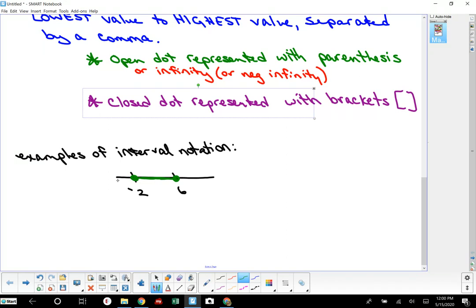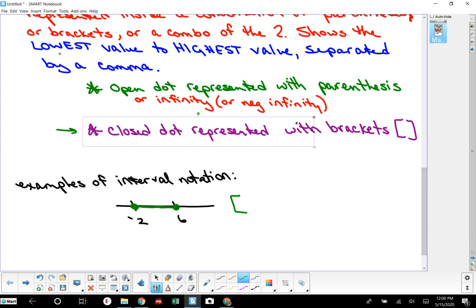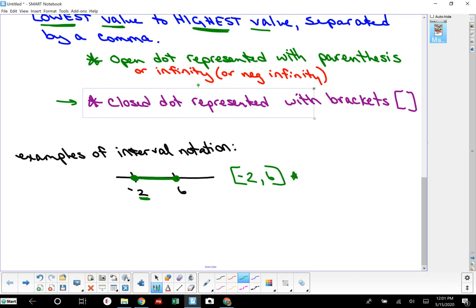Up here in purple, it says that a closed dot is represented with brackets. So we're going to have a set of brackets. You're always going from, up in blue, the lowest value to the highest value, left to right. So we're going to start with the -2, and we're going to go up to 6 because all the areas in between are covered, and separated with a comma. So this is an example of what the interval notation for that graph would look like.